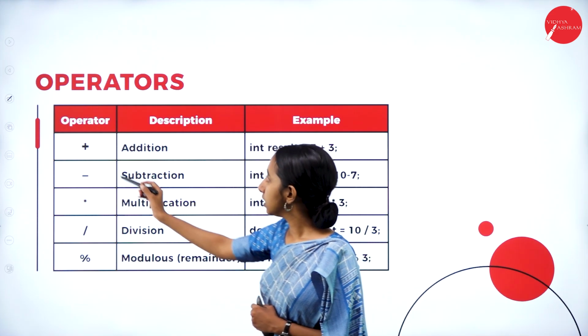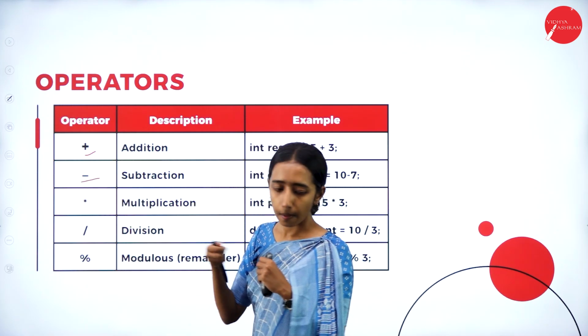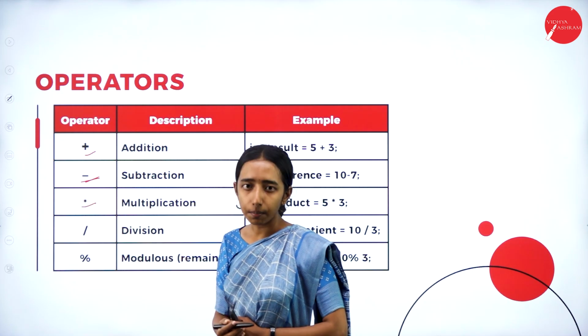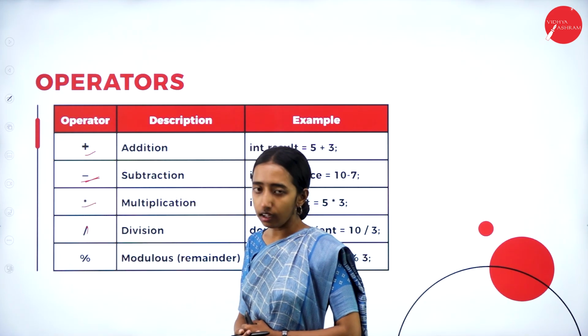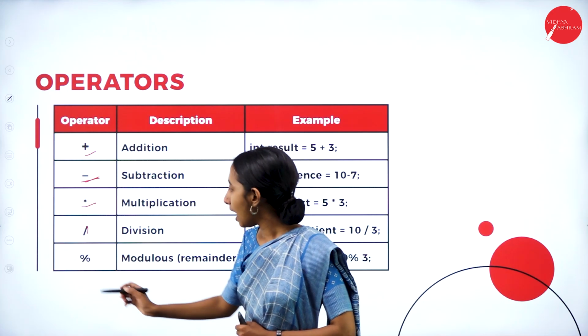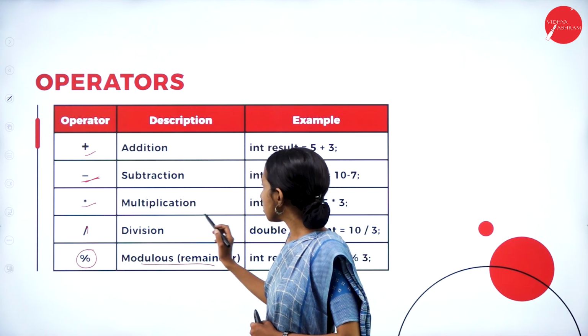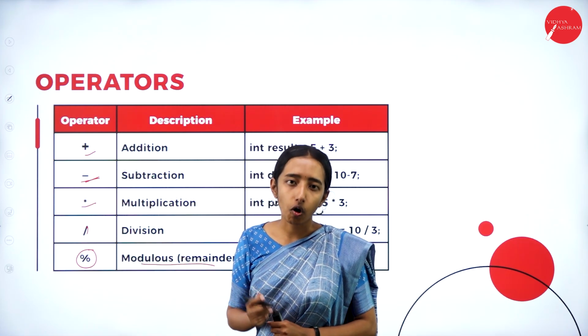Here we are having plus for addition, minus for subtraction, multiplication we are using asterisk, the slash is for division and percentage symbol for the modulus. So these are the operators that we are using to do the arithmetic operation.